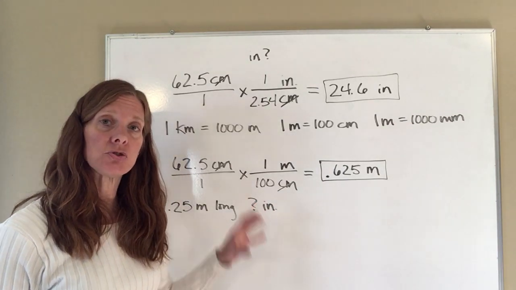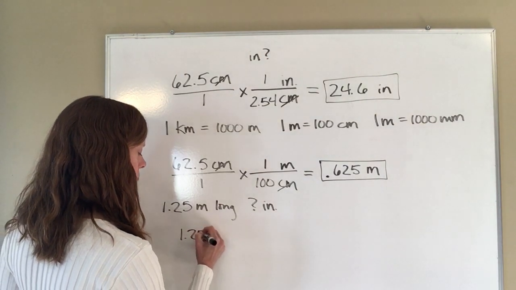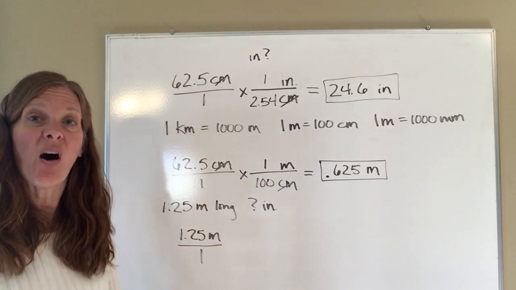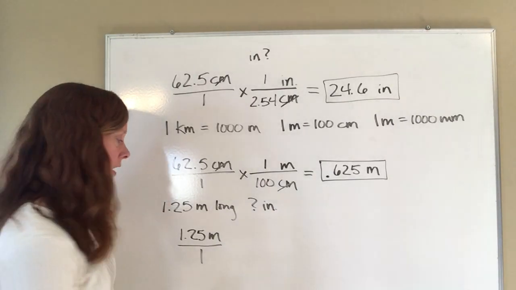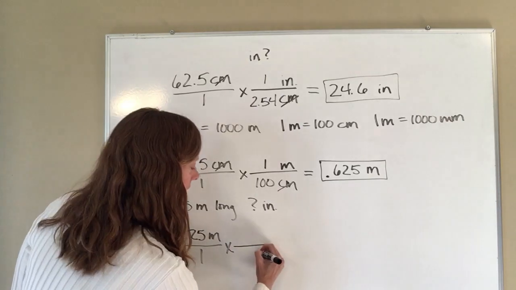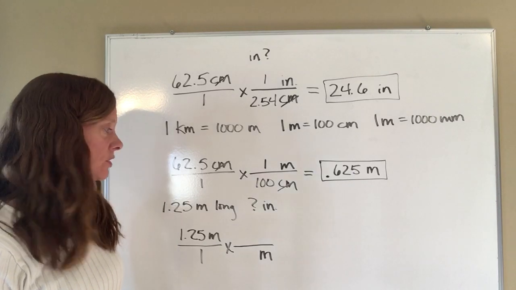So I'm going to have to use two different conversion factors. I'm going to still start with what they gave me, just like always, 1.25 meters, and I put it over 1. I always do it that way, okay? Whatever I multiply next is going to have meters on the bottom so that I can get rid of meters and convert it to something else.